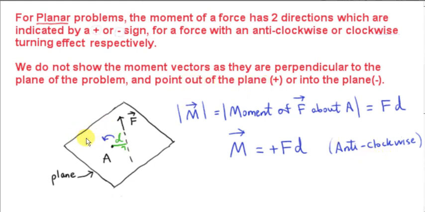So if I can try to show that, vector M would look like this. But remember now, it's not in the plane, it's pointing out of the plane, so it's perpendicular to the plane in every direction. So that's pointing up out of the page, so obviously we cannot show that, and we do not worry about that aspect. We just consider the sign.